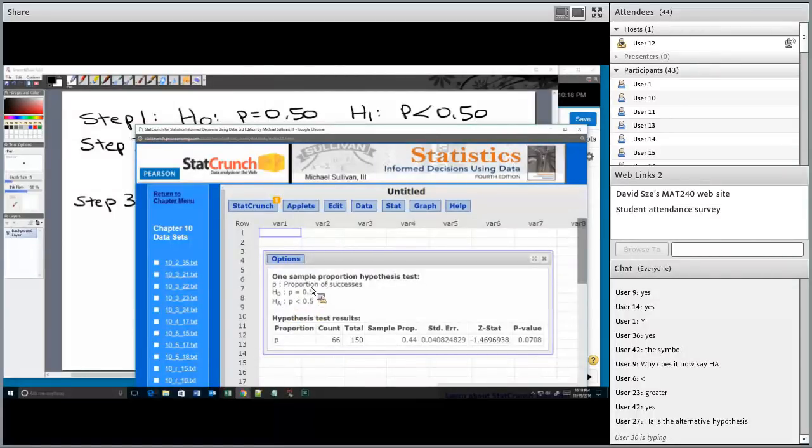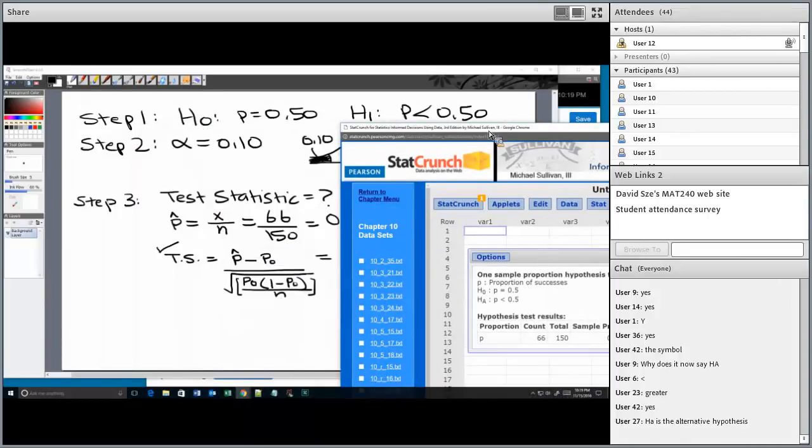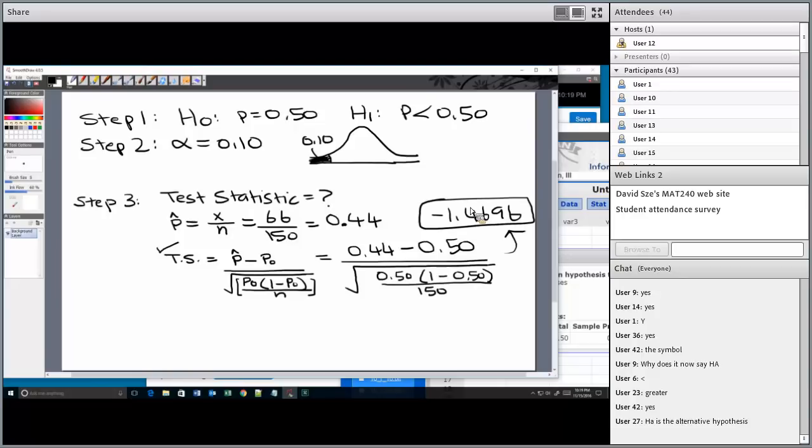Good question, Sandra. So this is your Z stat, the test statistic, minus 1.4696. And this here is the p-value, and let's write it down. It's 0.0708. That was going to be your step 4, the p-value is 0.0708.